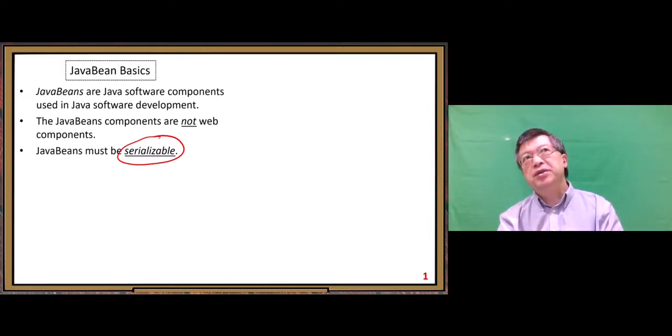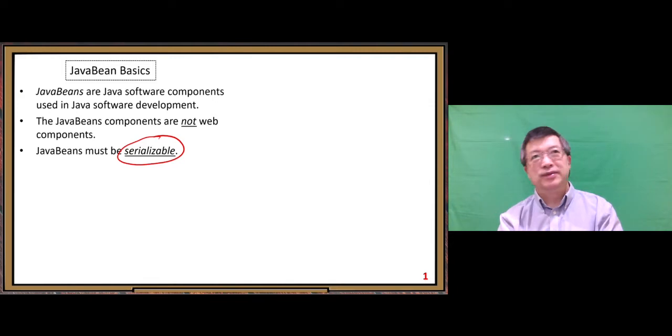If you pay attention when we use Eclipse to generate servlets, and look at the code carefully, you can see somewhere serializable ID, right?